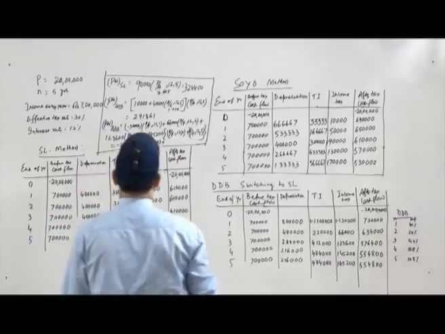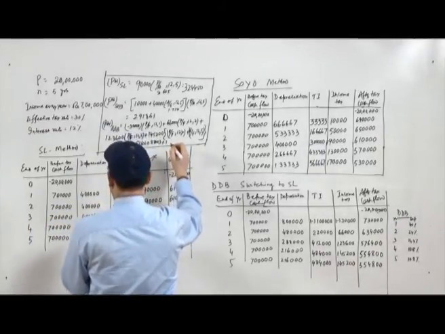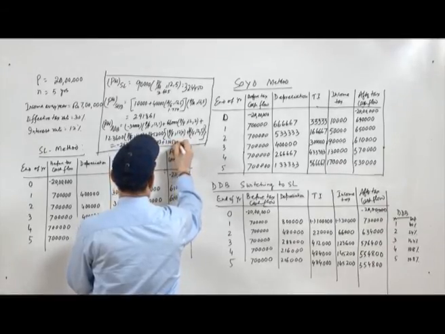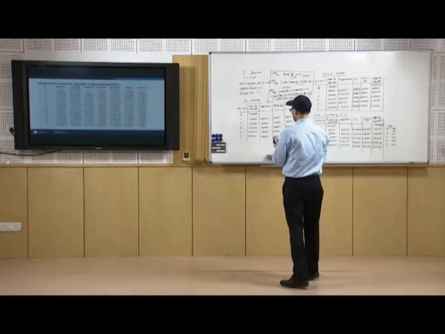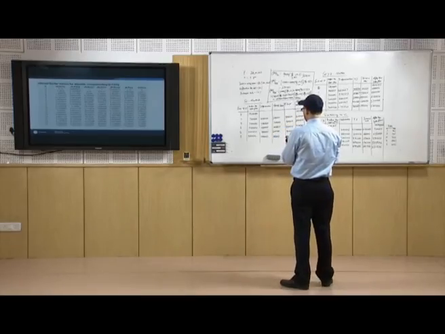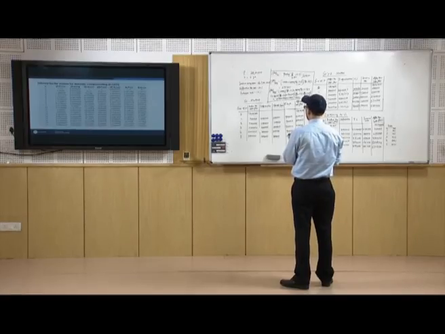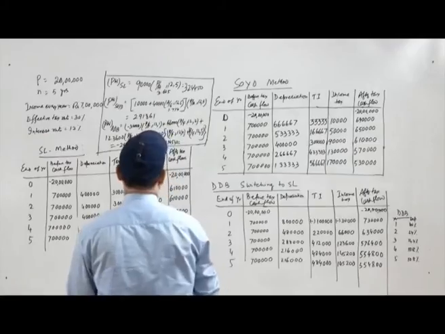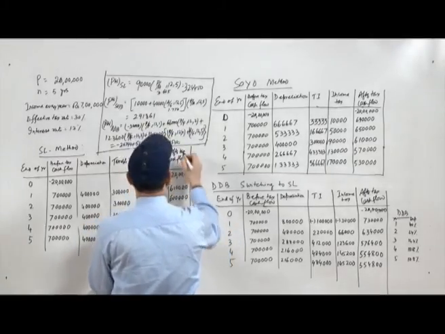So, it is 174,530. So, this will be added with 88,003, 52,602 minus 26,790. So, it is coming out to be 288,345.